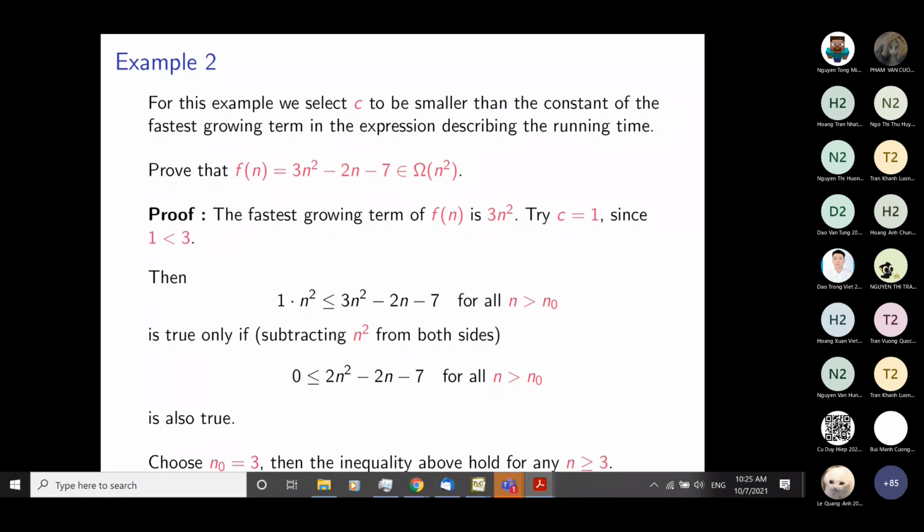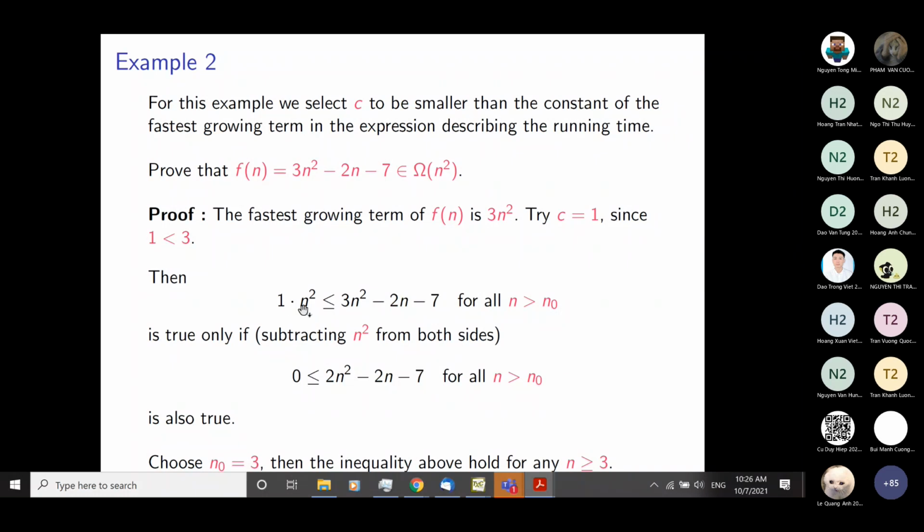In this one, I select C to be a constant that is smaller than the constant of the fastest growing term. We select 1 here, so C is smaller than the fastest growing term. And we need to find again for which value of n this is true.